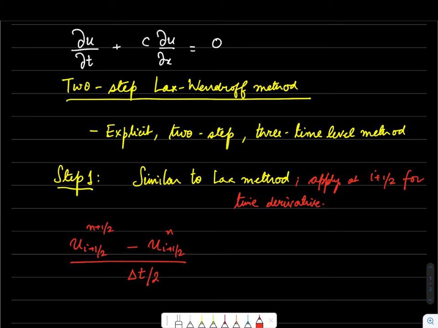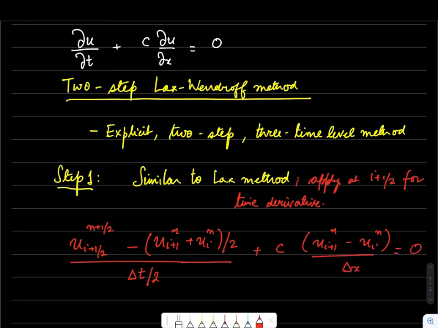But note that instead of writing it as u i plus half at n, I would actually replace this with u i plus 1 at n plus u i at n, by 2. So I will replace that by a spatial average, plus c times u i plus 1 at n minus u i at n, by delta x, is 0.